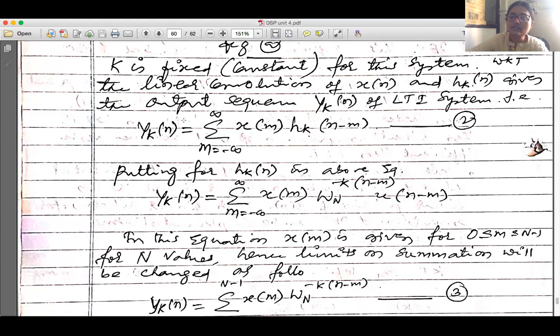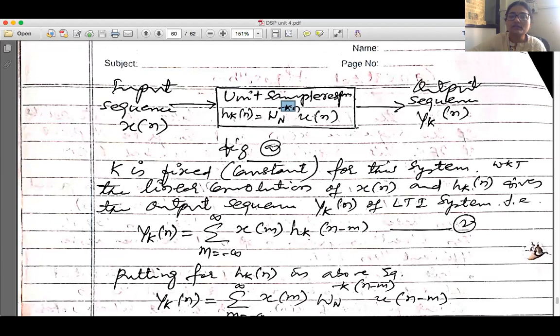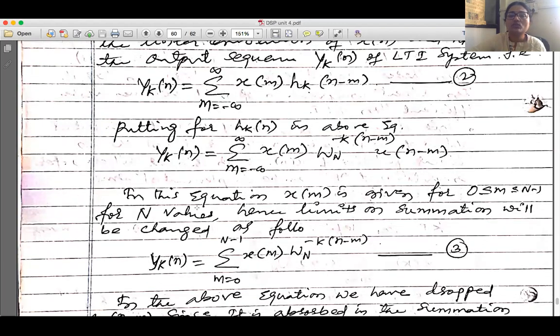So the entire system which we have represented here is shown as yk of n equal to summation, where m is varying from minus infinity to plus infinity, x of m, hk of n minus m. This is the convolution equation for the system which we have represented above, right?